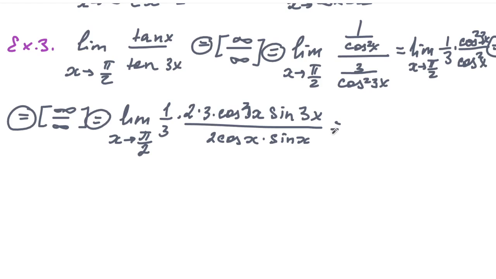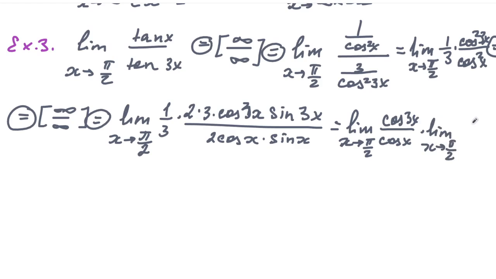or the product of limit as x approaches pi over 2 of cosine of 3x over cosine of x and limit as x approaches pi over 2 of sine of 3x over sine of x.